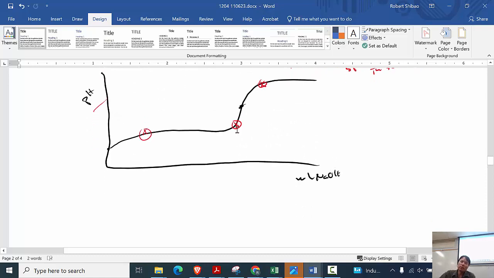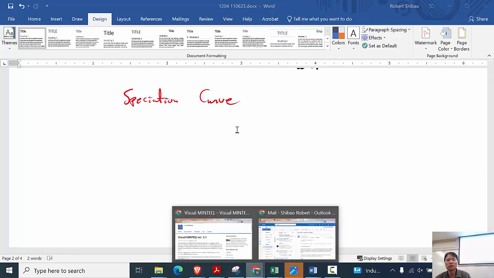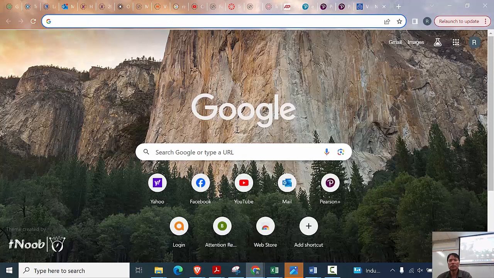So what we're going to do is generate a speciation curve. See if I can show some here, so you can see what I'm trying to do.